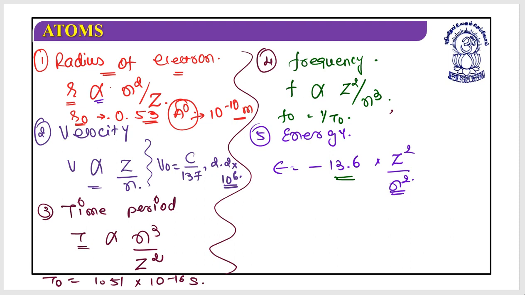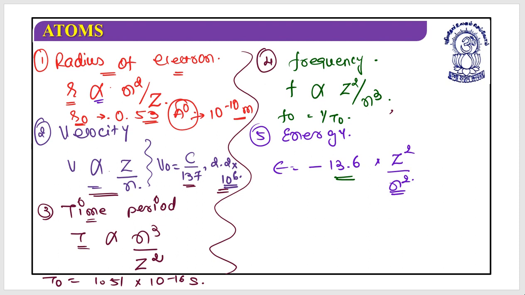The relation of velocity would be v directly proportional to Z by n, where if I remove this proportionality constant, it's c divided by 137, and from this it's 2.2 into 10 to the power 6 meter per second.